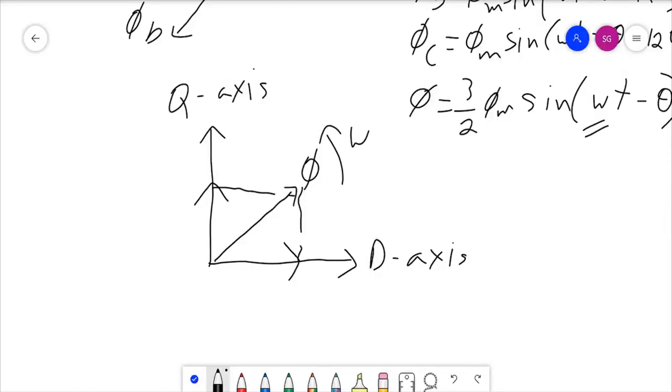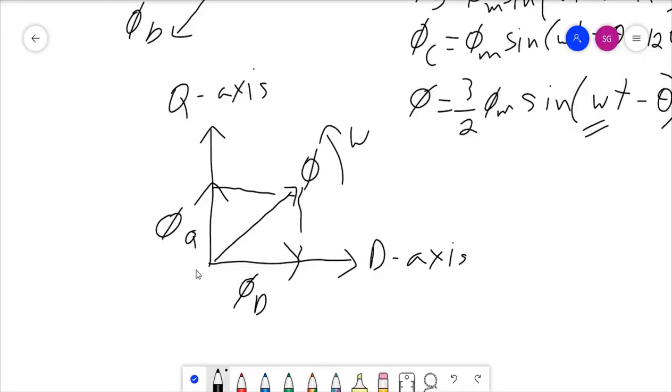The component on the d axis will be called phi d, and the component on the q axis will be called phi q. Mind you, when this phi rotates, the components phi d and phi q will also change. So in a stationary reference frame, phi d and phi q will change.